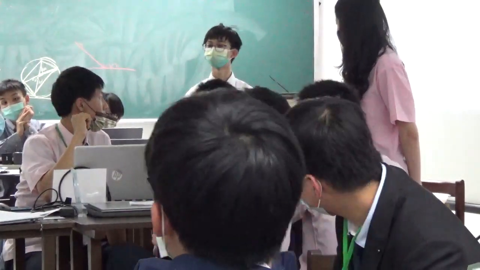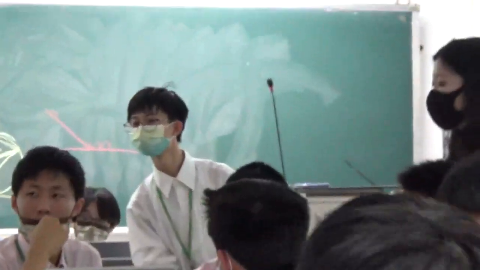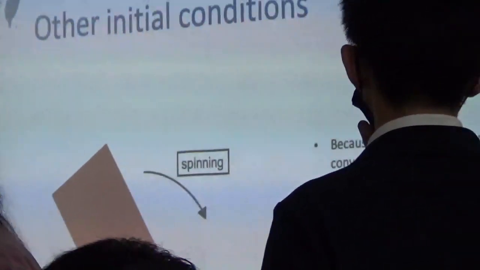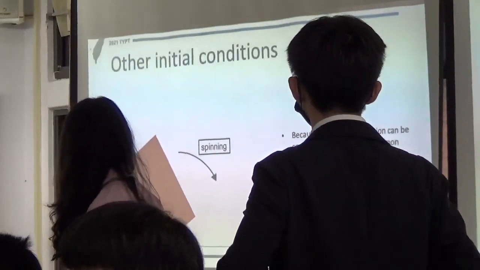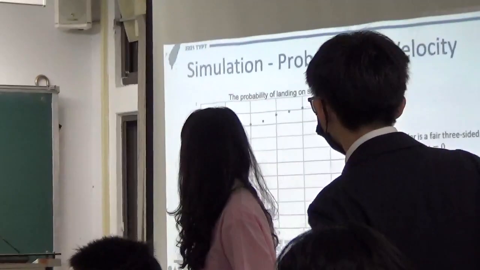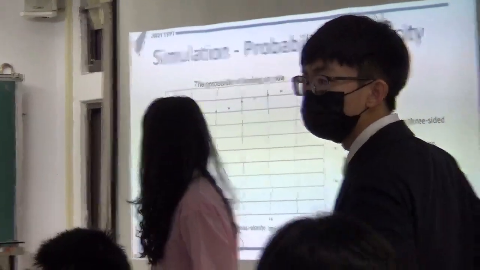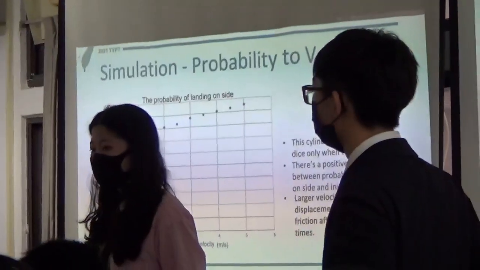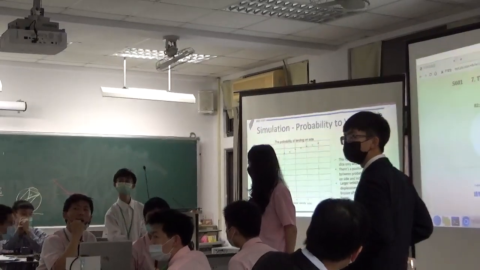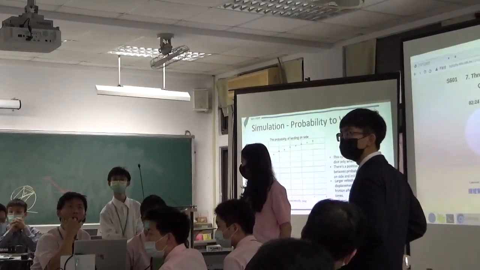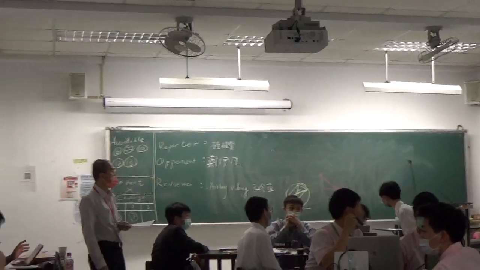So do you have the plot for the probability for the ratio? So what it means is, if you want to find out a fair three-sided dice, what's the ratio for the 2 parameters, the height and the diameter of the cylinder?